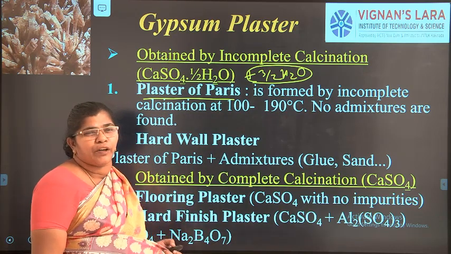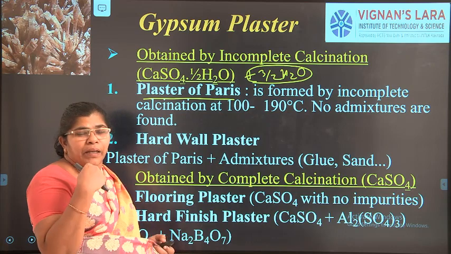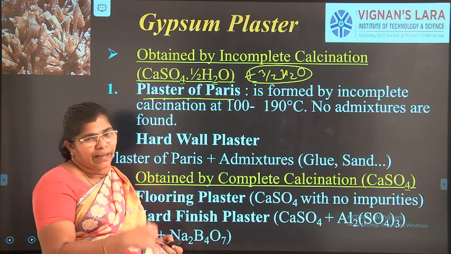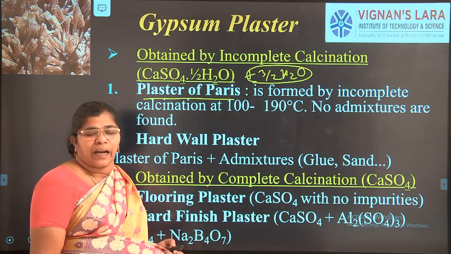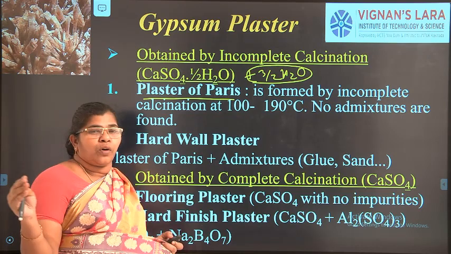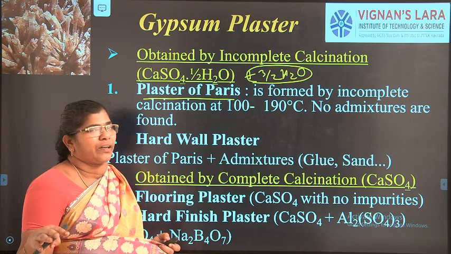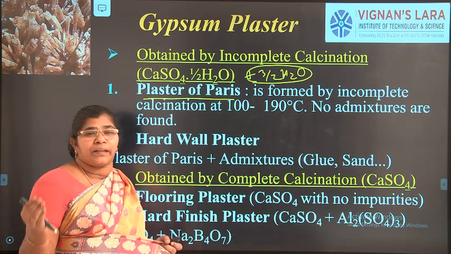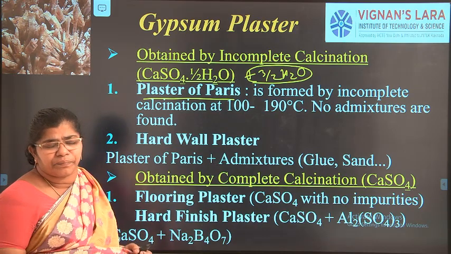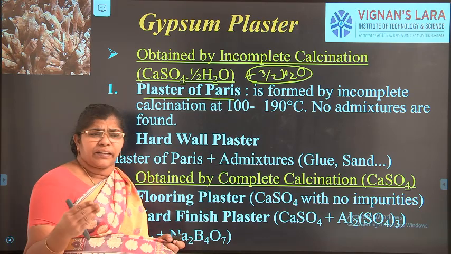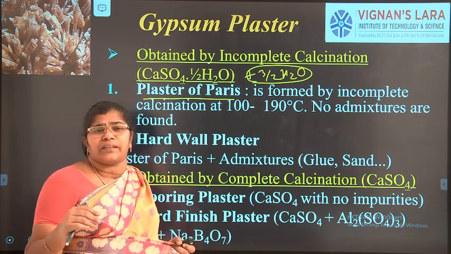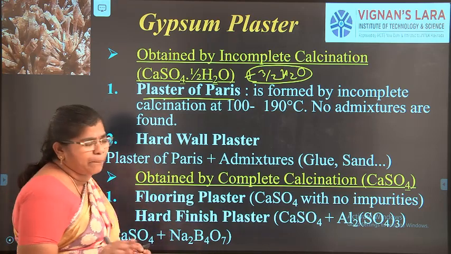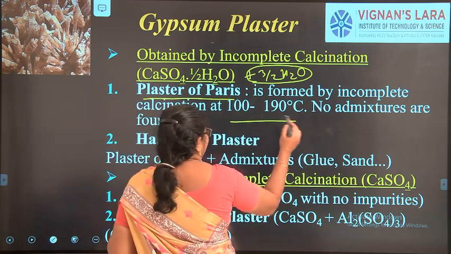If you have gone to a dental doctor for fixing teeth, they will have this plaster of Paris. Also, on the roadside they use plaster of Paris for making statues and different ornamental and decorative things. The calcination temperature is 100 to 190 degrees centigrade.